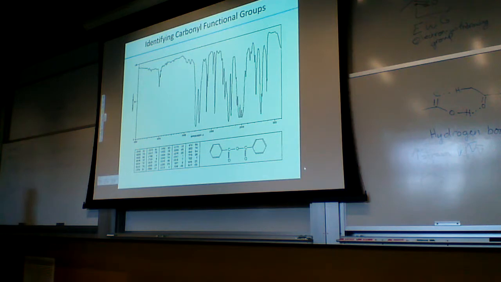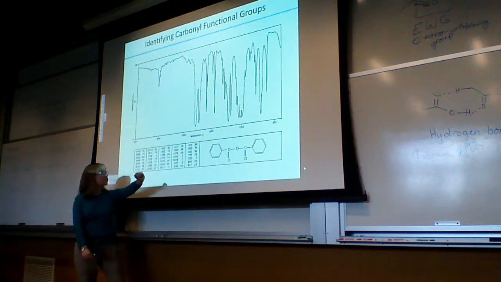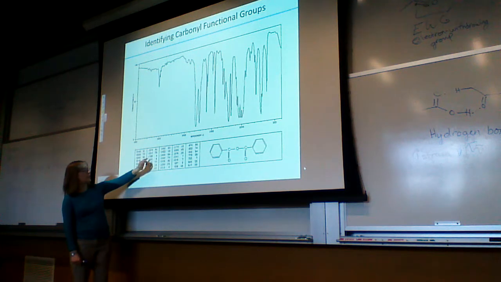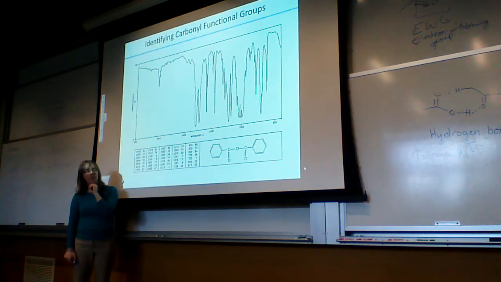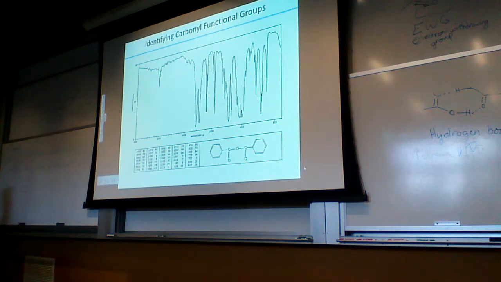So if we look at this anhydride, we see there are two strong peaks in our region, 1726 and 1788, and these go to the C=O stretch. The higher one is the asymmetric stretch, since typically asymmetric is higher, and then we have the C=O for the anhydride that is symmetric.